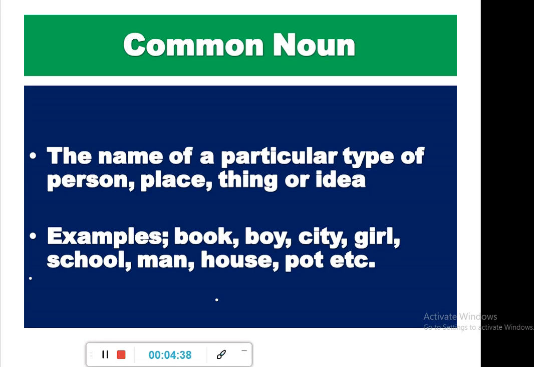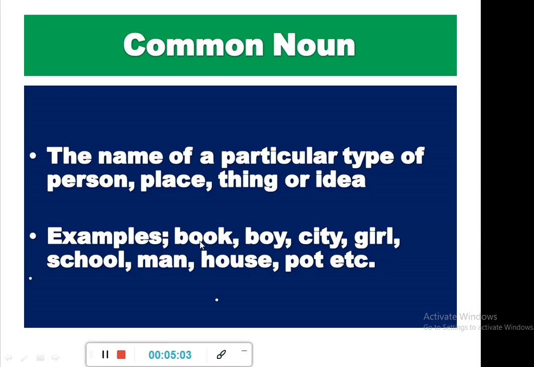Then we come to common noun. A common noun is the name of a particular type of person, place, thing, or idea. So a common noun is the name of a type. Alright? Examples: book, boy, city, girl, school, man, house, pot, and so on and so forth.